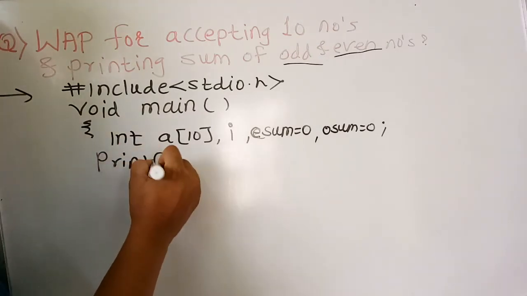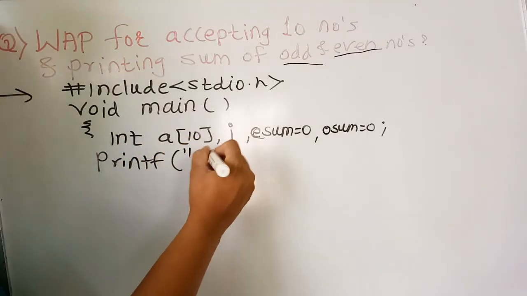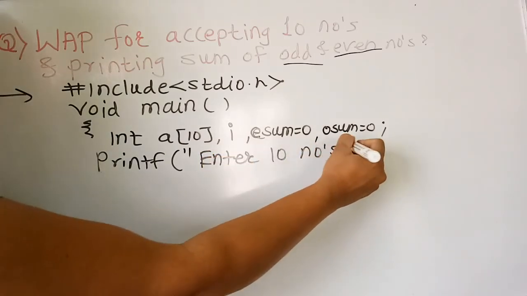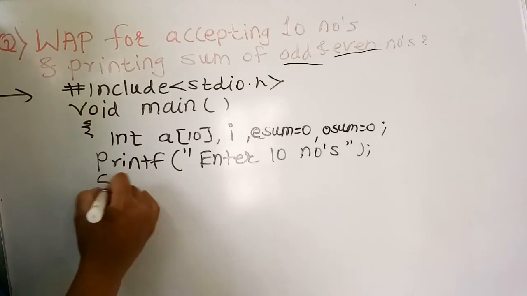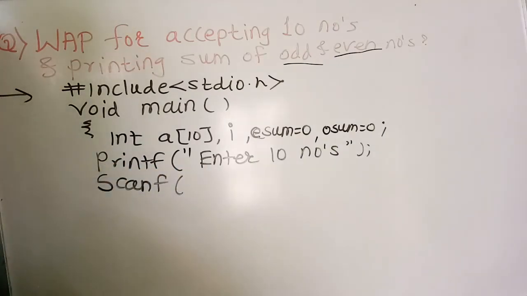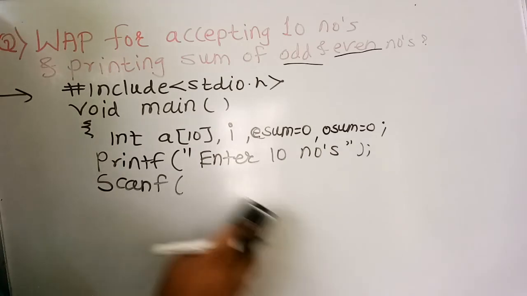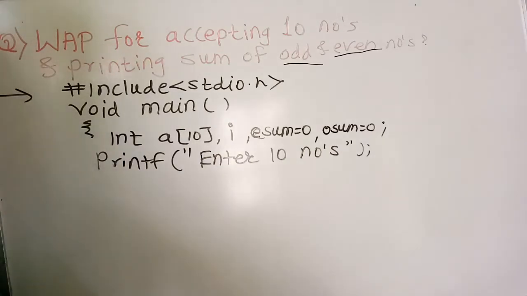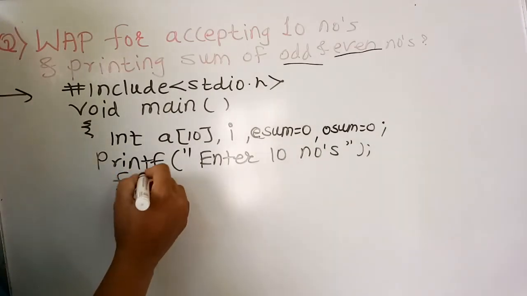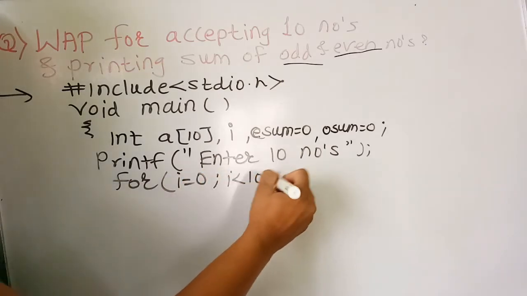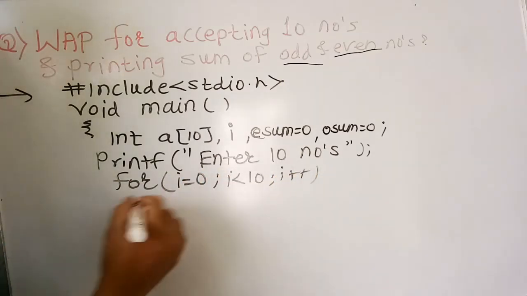Now we have declared one array of size 10, i for the for loop, and even sum and odd sum are the two variables required for calculating the addition. Continuing with the same program, we will give a message like "enter 10 numbers", then we will accept numbers from the user. We have to accept the numbers using a for loop: for i = 0, i less than 10, i plus plus.